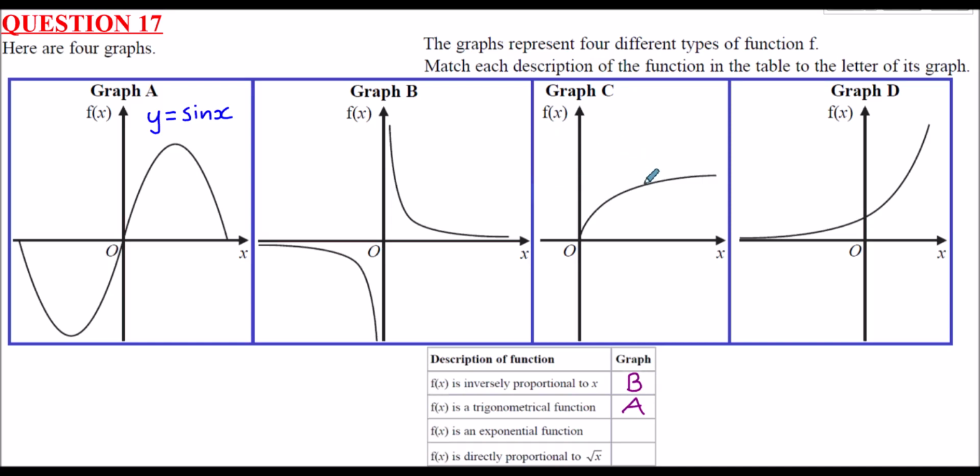A parabola laid down is a square root graph. So that just comes from inspection. You get used to seeing them. That's a square root graph, so that's C. And graph D is an exponential function. So reading down, we have B, A, D, C.